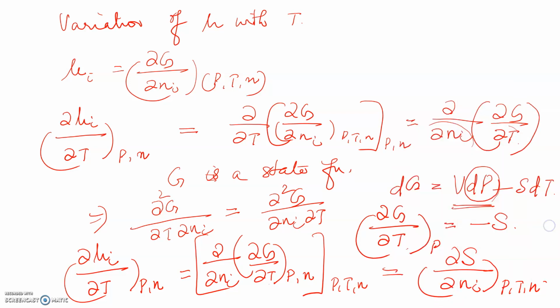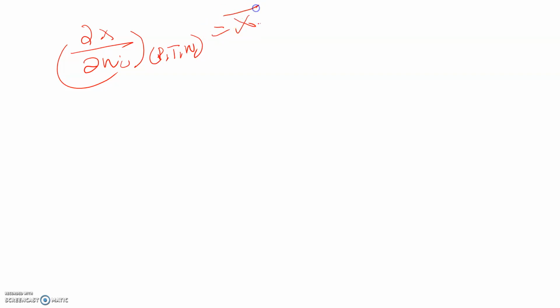Okay. So we have seen from the definition of partial molar quantity that dou X by dou Ni at constant pressure, temperature and number of moles is equal to X bar I. So if X is the function, you have partial molar X, the partial molar quantity. So now we have obtained dou S by dou Ni at constant pressure, temperature and number of moles, and that will be equal to the partial molar entropy.